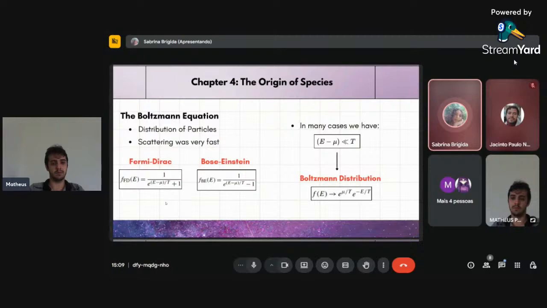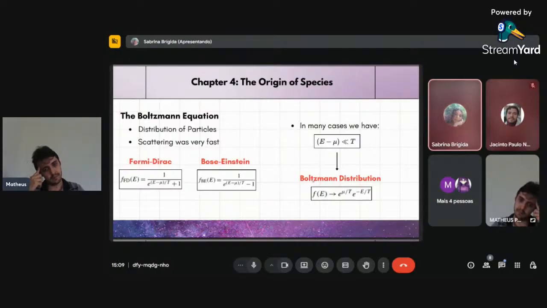Instead, the particle distribution will follow this classical Boltzmann distribution, which is a good approximation when we are considering a dilute gas, so the particles are not too close to each other. We can find a relation between this approximation and the number density of particles.